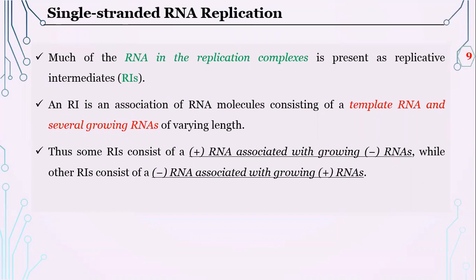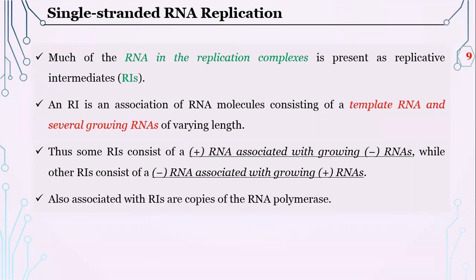There will be positive RNA and the negative RNA will grow on them, and there will be negative RNA and the positive RNA will be growing by using that negative as a template. And also associated with the RNA intermediate are copies of RNA polymerase. So RNA polymerase will also bind with these replicative intermediates to produce the complementary RNAs.